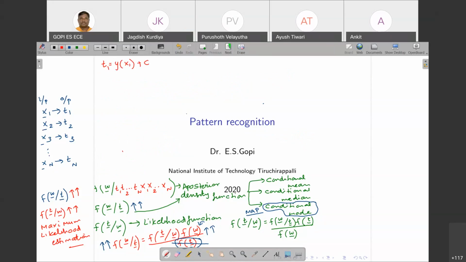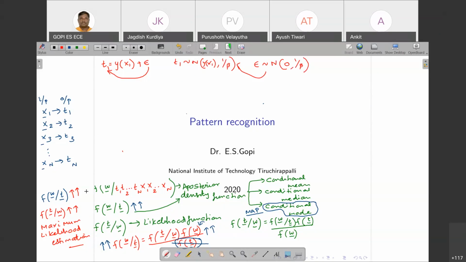This epsilon makes t1 a random variable. y of x1 is constant, so t1 also follows a Gaussian distribution. The variance is the same, but the mean is y of x1. Because your epsilon is Gaussian distributed, with mean 0 and variance 1 by beta, this is what is happening, right?